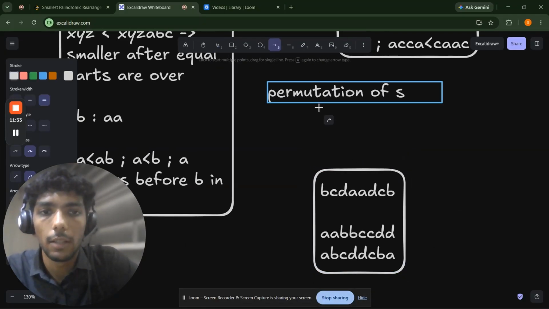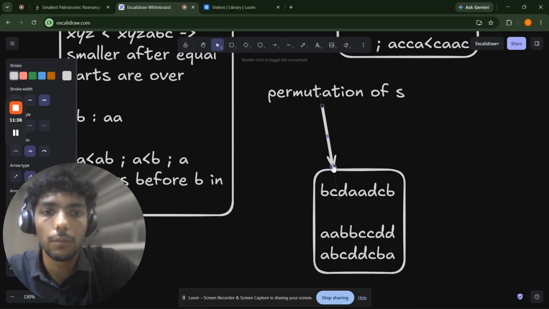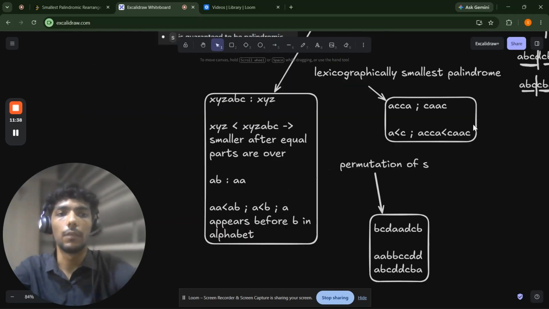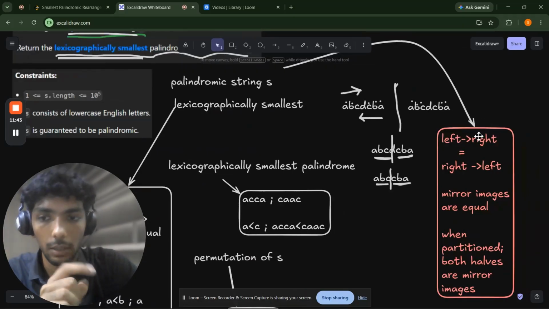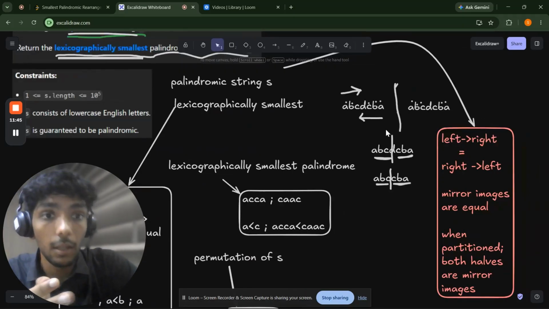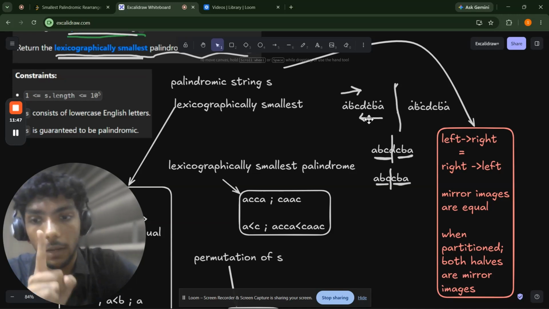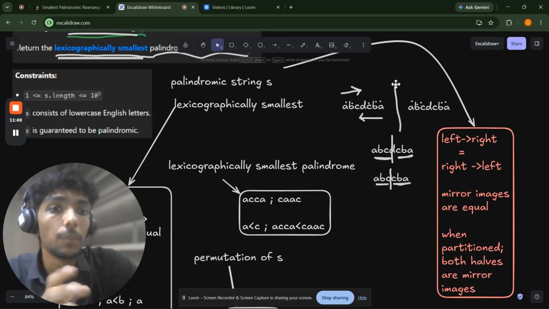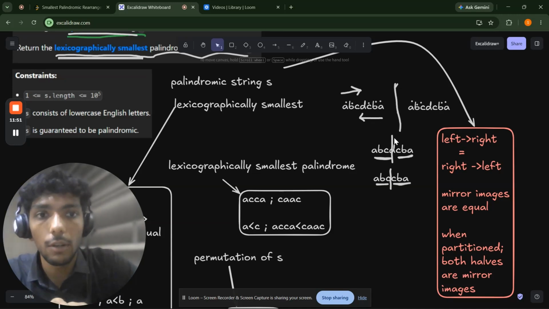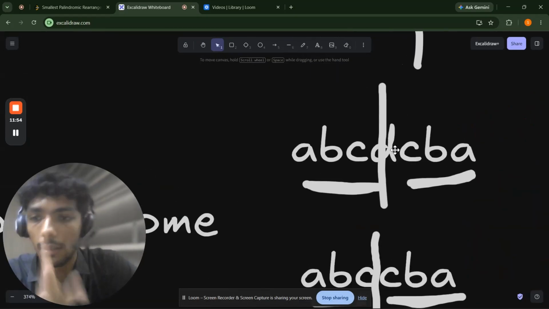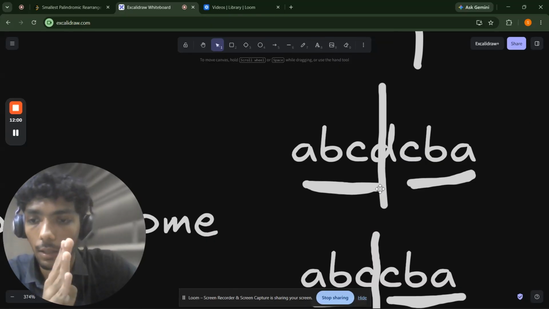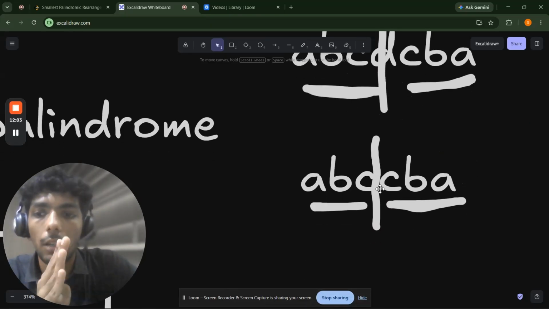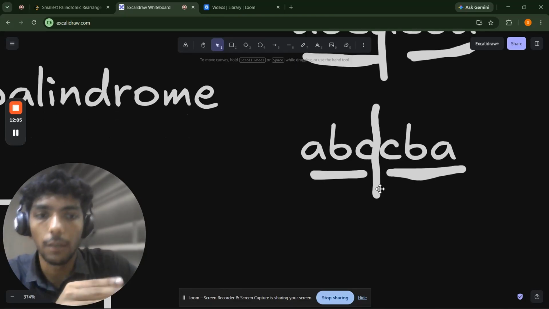So what we have understood till now is that for a particular string to be palindromic, its left to right and right to left should be equal, its mirror image should be equal. This is the main thing that we are targeting. When it is partitioned from the middle, its left half should be the mirror image of the right half.